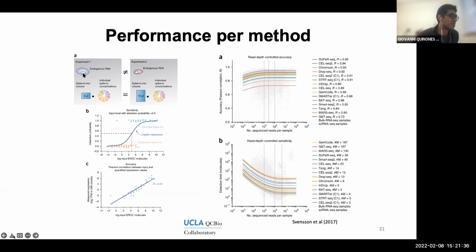where you have your cell, and within the cell, there is an endogenous RNA, meaning RNA that belongs to the cell. And you can also add some spike-in mix at some known concentration. What spike-in mix means is these are RNA molecules that you're adding to your experiment. The reason for doing this is that you already know which molecules and you know how much you're adding.